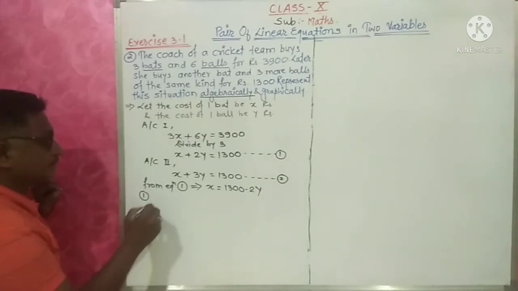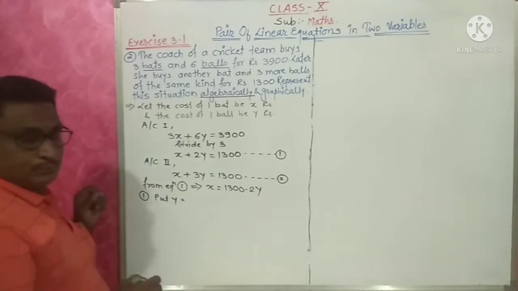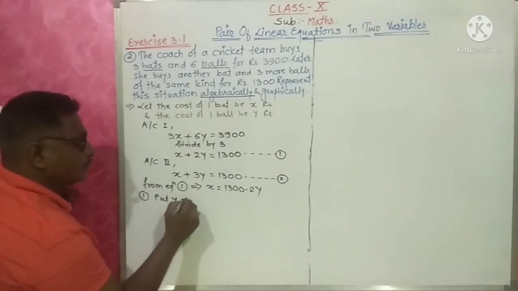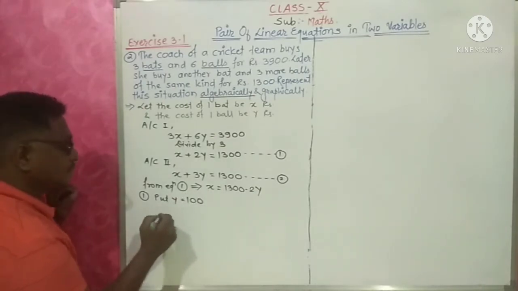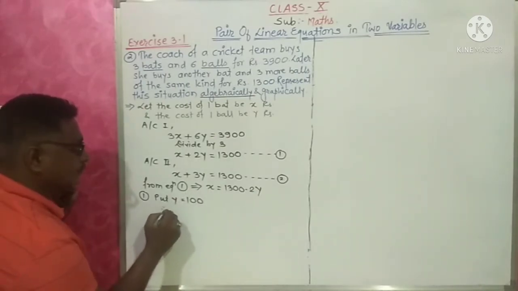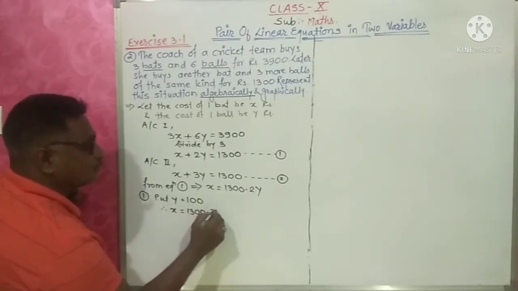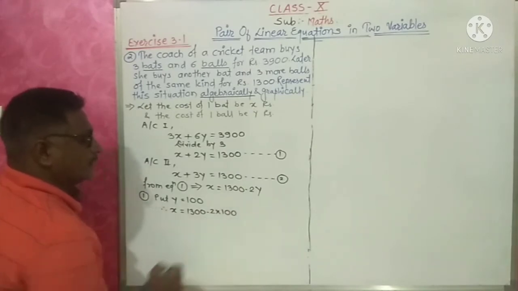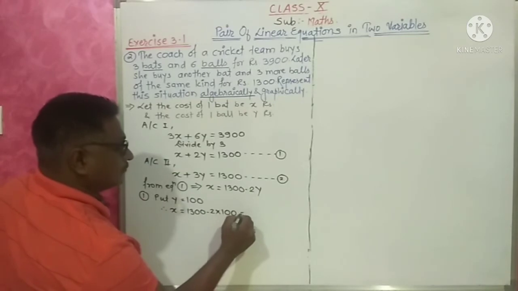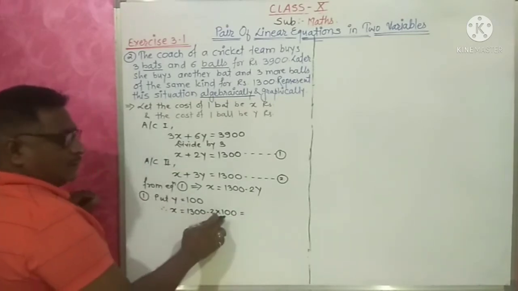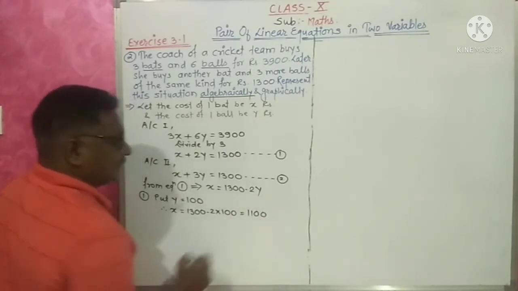First, put y equals 100. x equals 1300 minus 2 into 100, which is 1300 minus 200, that means 1100.